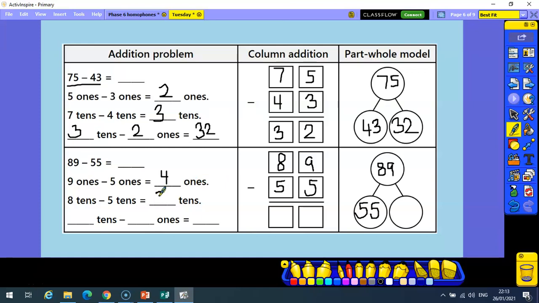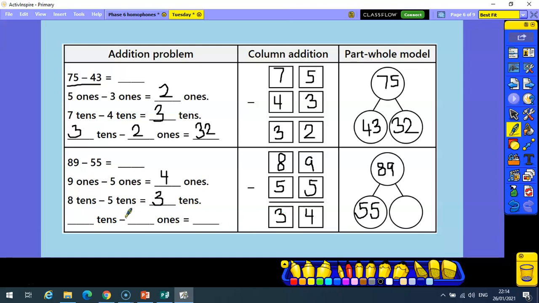Eight take away 5 is 3. So, oops, I forgot to write that there. And that's there. It's very important that you remember, if this is 4 ones, you put it here. Because it could be easy to get confused and put this one first and this number second, then the number would be 43, but it wouldn't be right because we're supposed to have 4 ones, not 4 tens. So just be careful with that.